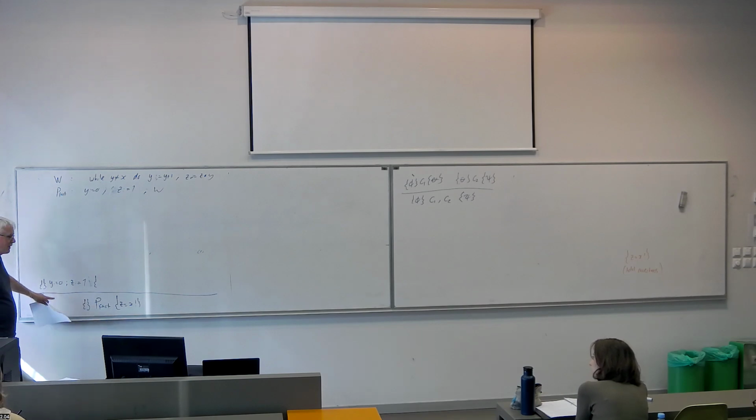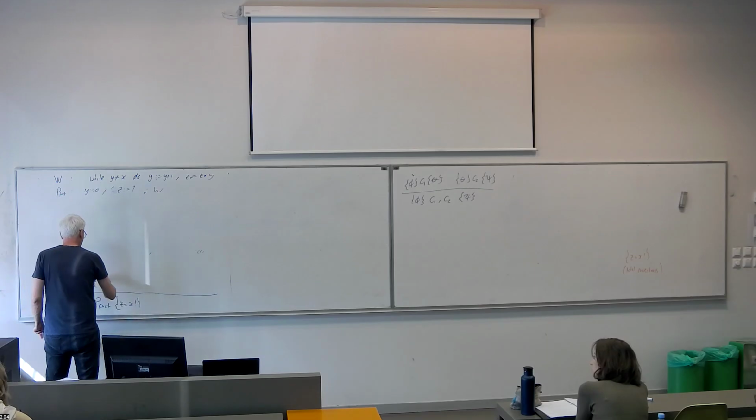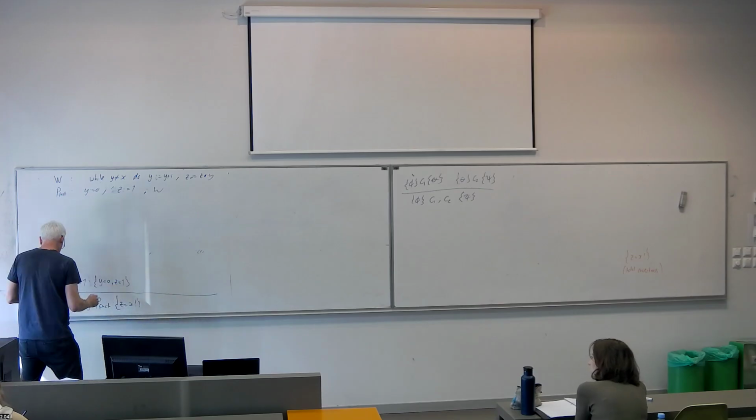What properties hold after we've executed this? Yeah, y is 0 and z equals 1. I'm just going to write commas instead of and here, so y equals 0 and z equals 1.